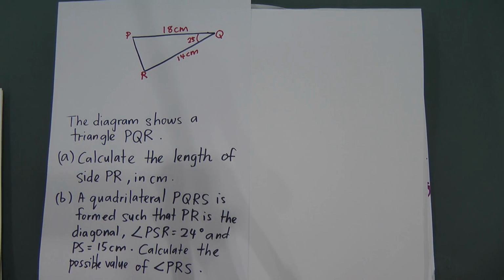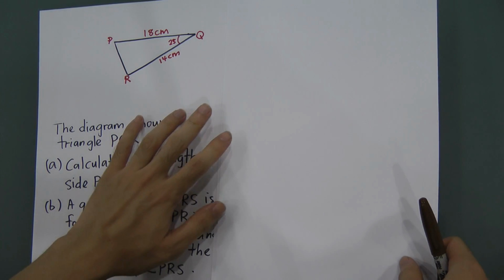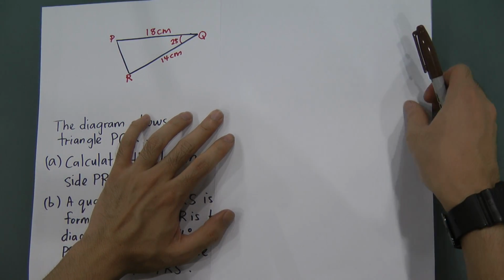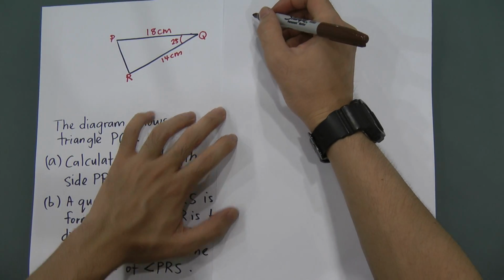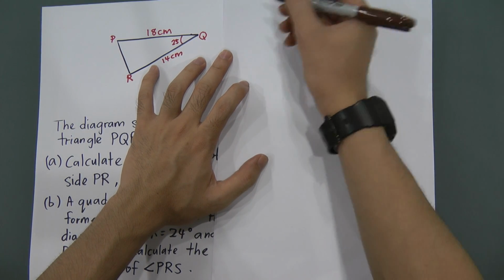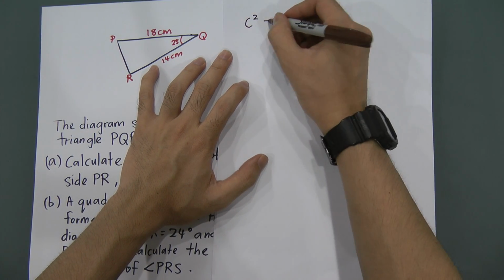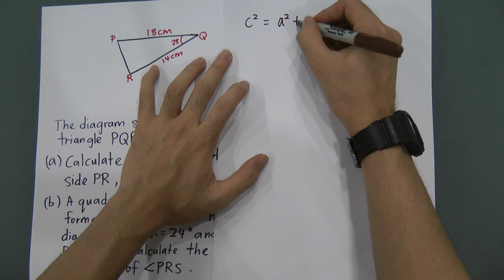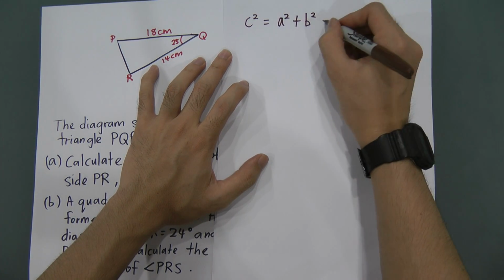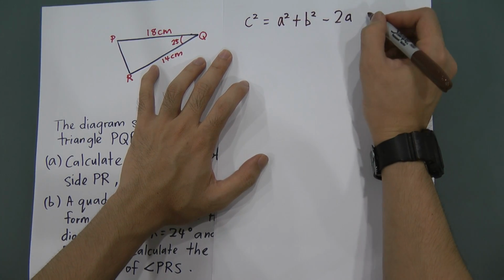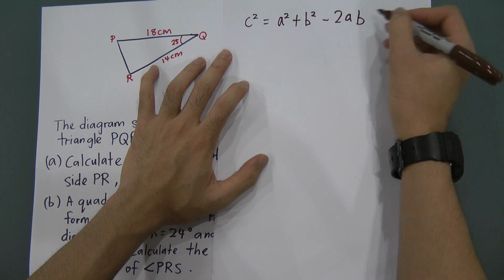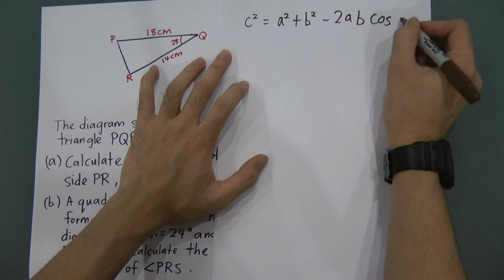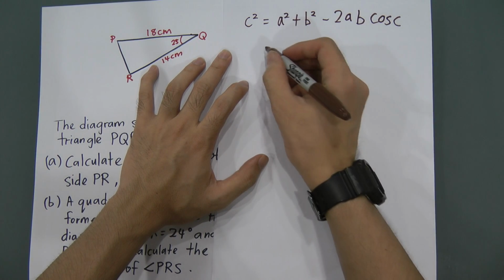In order to find length PR, we have to understand one formula which I think is quite important in this chapter. That formula is C square equals A square plus B square minus 2AB cos C. What is that?